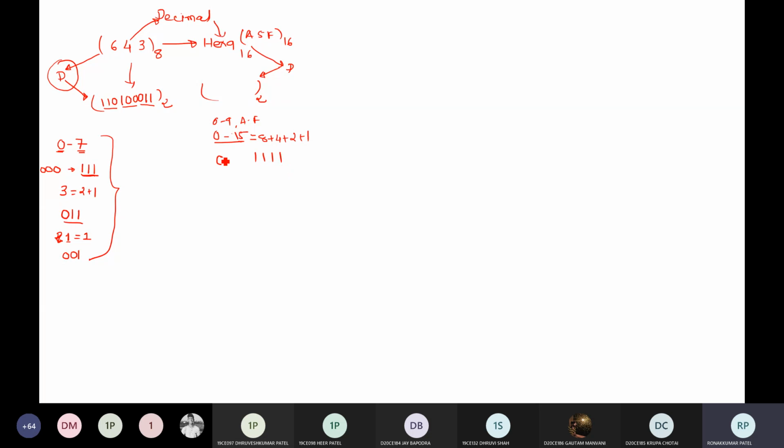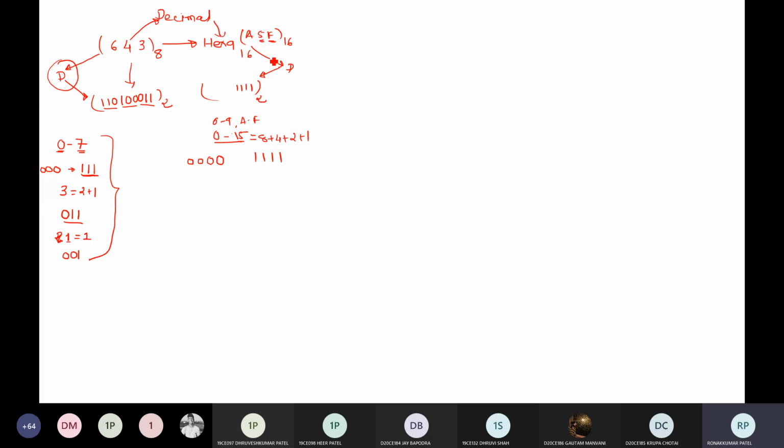The maximum requirement is 4 bits, so you will represent 0 in 4 bits. Now if I need to convert this, F means 15, so 1 1 1 1.